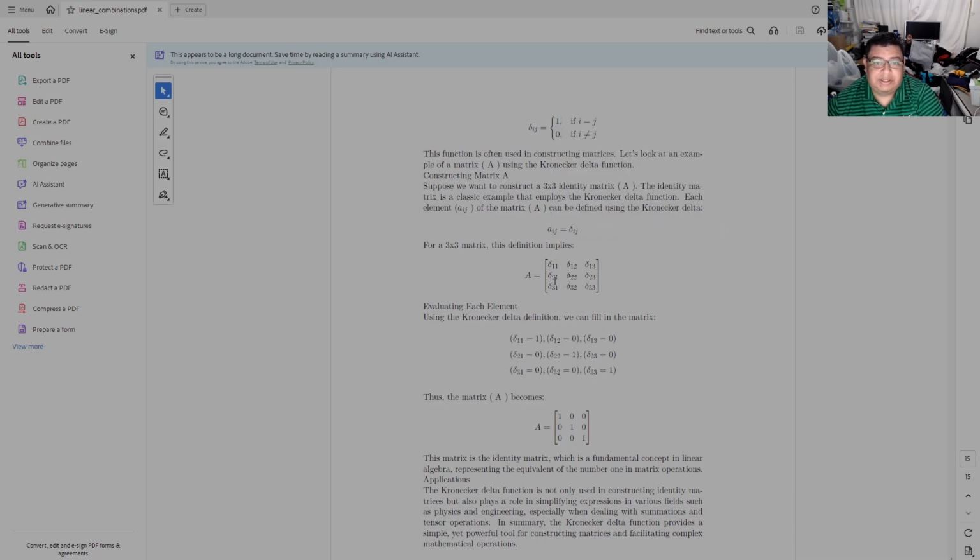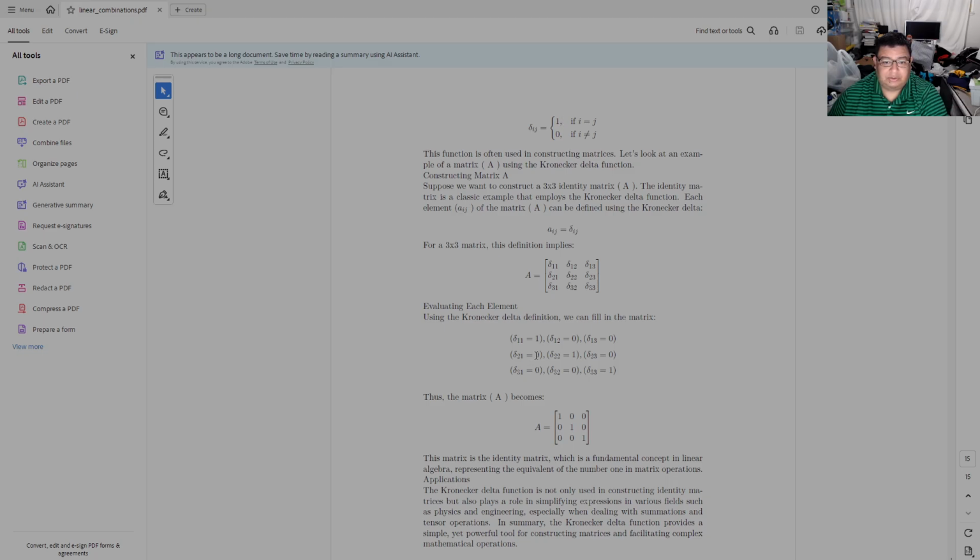But any other element is going to be 0 because the subscripts don't match, so the value of the function is 0. Evaluating each element using the Kronecker delta definition, we can fill in the matrix. As you can see, 1,1 produces 1, and then 2,2 is 1, 3,3 is 1. Any other than that is going to be 0.